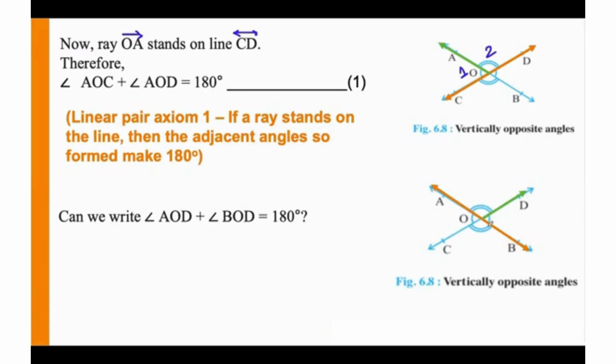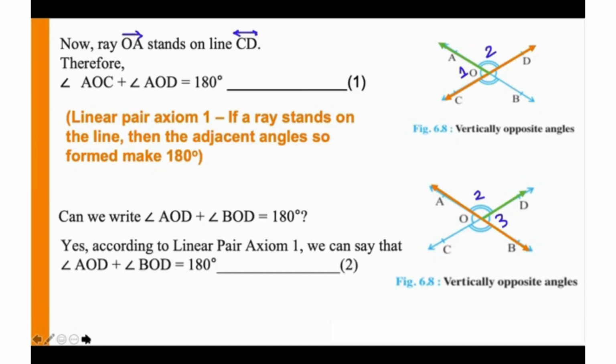Let us look at these two angles in the figure: angle AOD, that was angle 2, and angle BOD, let us call this angle 3. Are they both equal to 180 degrees as well? Yes, if we consider ray OD standing on line AB. According to linear pair axiom 1, angle AOD plus angle BOD is also equal to 180 degrees, and that will be our result 2.